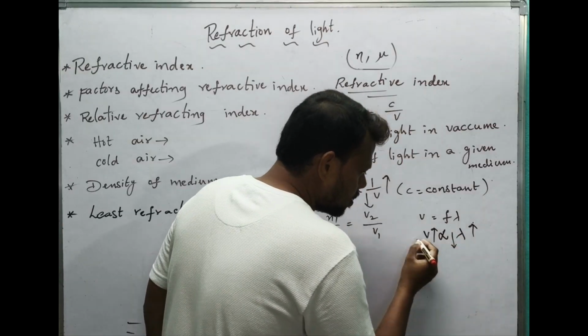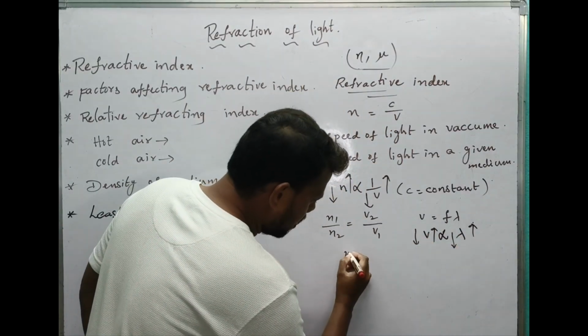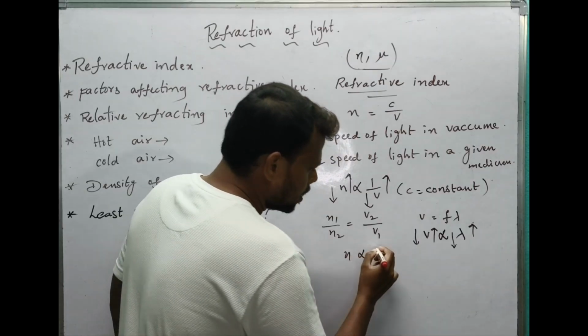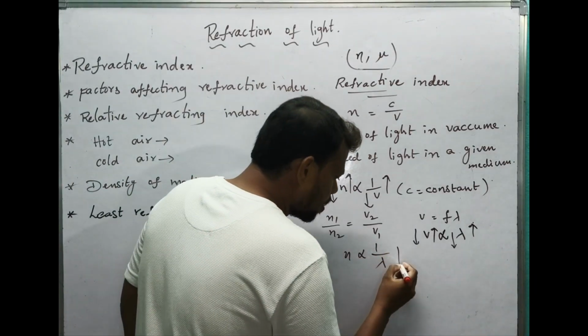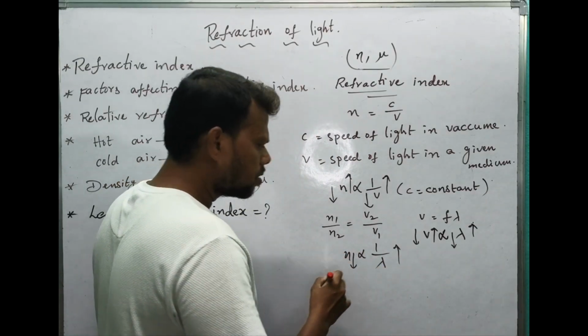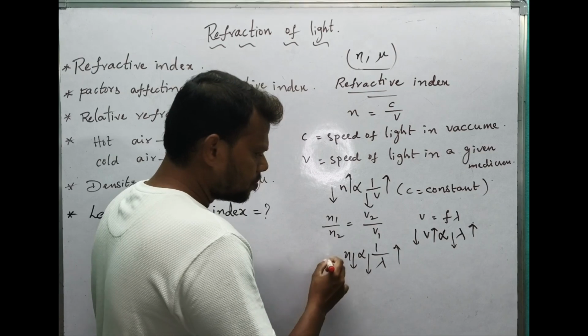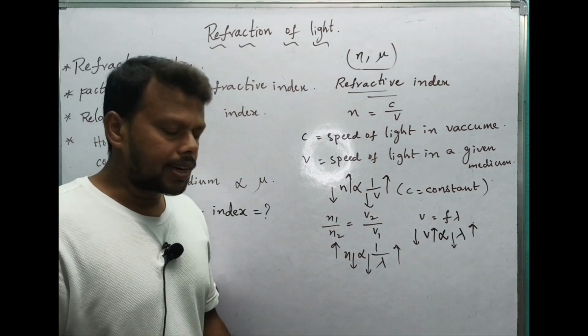Less wavelength, less speed. The refractive index is inversely proportional to wavelength of light. More wavelength, low refractive index. Less wavelength, more refractive index.